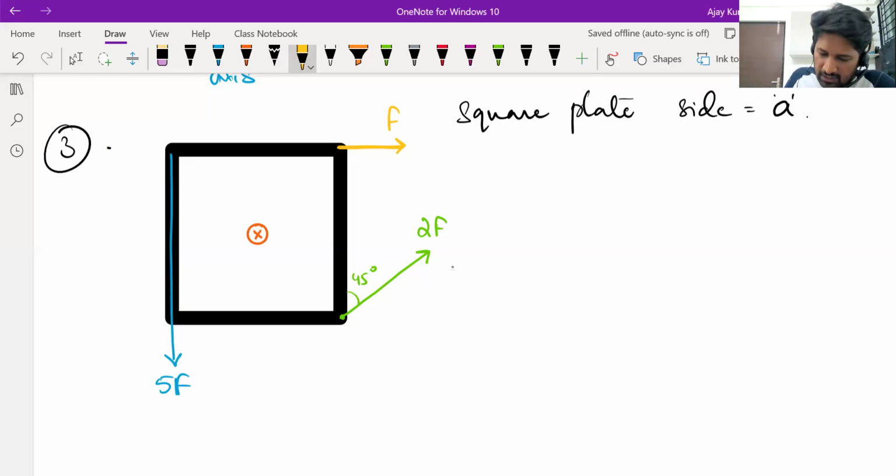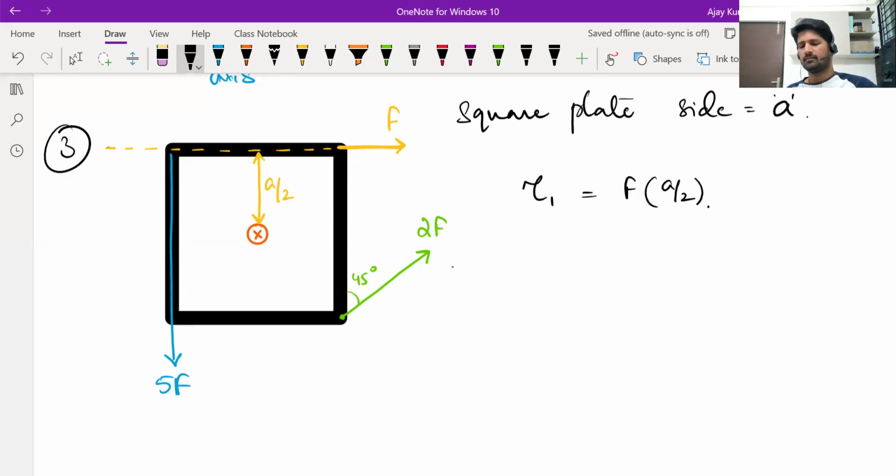If you imagine the line of action of the force F, it is like this. And the perpendicular distance between the axis and that line is this, and that is A by 2. Therefore, the torque produced by the force F, let's call it tau 1, is F multiplied with A by 2. Okay. And Vanilla, what is the sense of this torque?